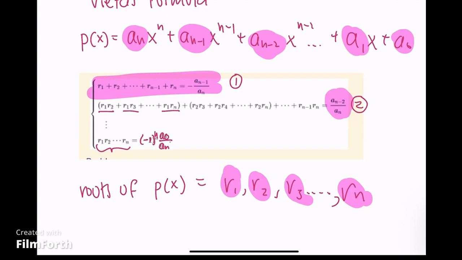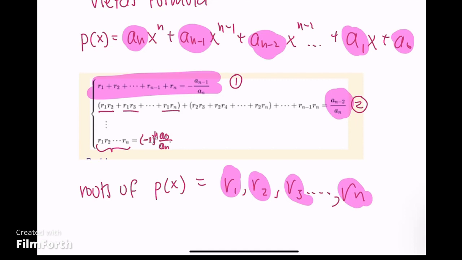So if n, the degree of p, is odd, then (-1) to the power of n is going to be negative, right? But if p(x) is something like a quadratic, then that's degree 2, and n is going to equal 2. So (-1) to the power of 2 is going to be positive. And it shows us a relationship of whether it's going to be positive or potentially the negative of a0 over an.